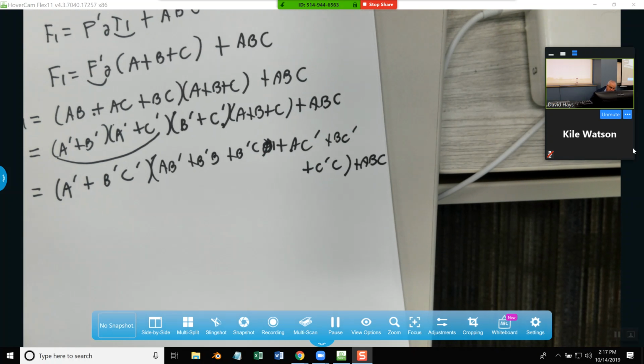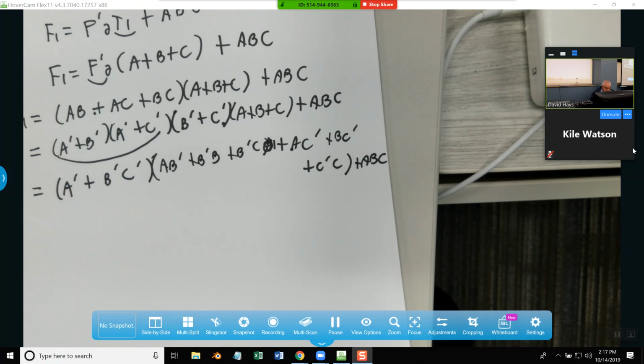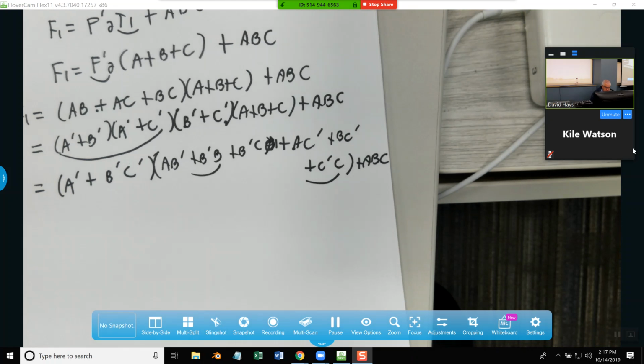So drop away basically. So I got not A or not B and C prime. So then I got A B prime plus B prime C plus A C prime plus B prime C prime plus ABC.